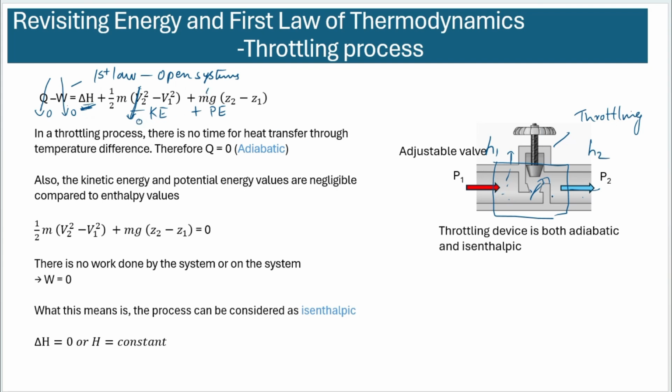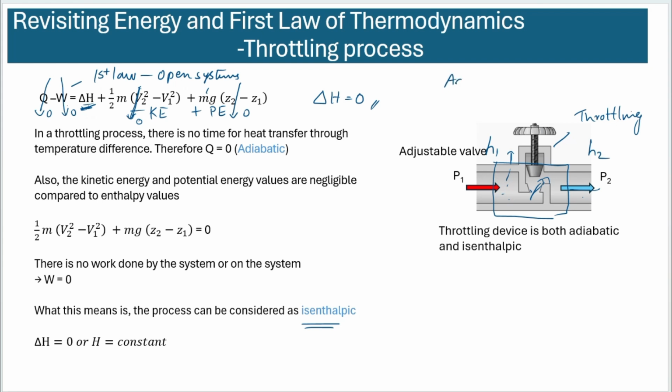There is not much change in potential energy within the small region. There is not much change in height. So that's also negligible. So what this tells you is delta H is 0. Okay, that's what they're saying. So it's an isenthalpic expansion. There's no work done, and in this case, it's isenthalpic.